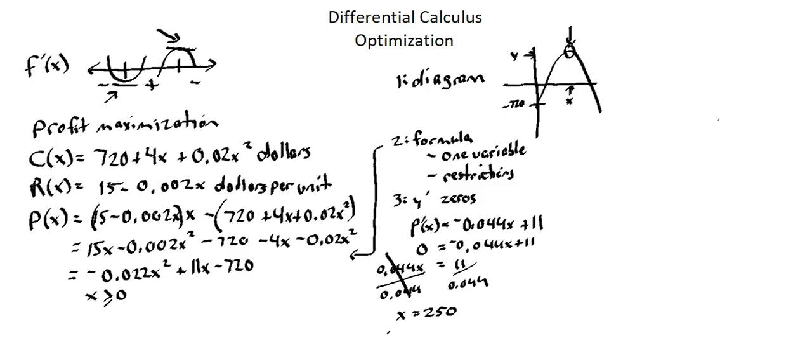Next step, step 4, is sign diagram. And I want to evaluate all of my solutions. Again, in this example, we only have one solution, but we evaluate all solutions to determine what kind of zero, what kind of stationary point we have in the original function.